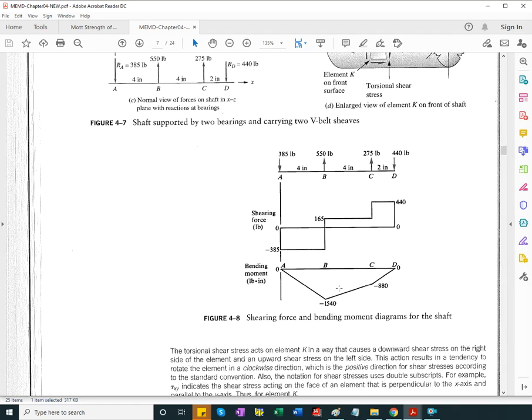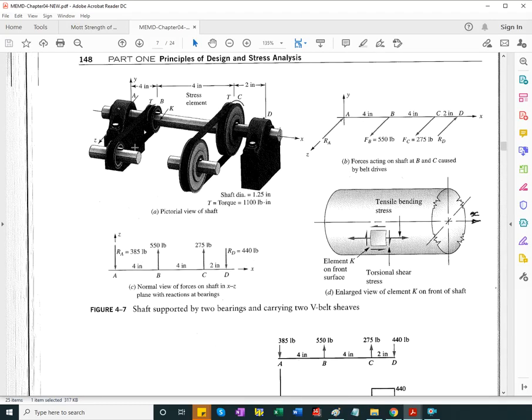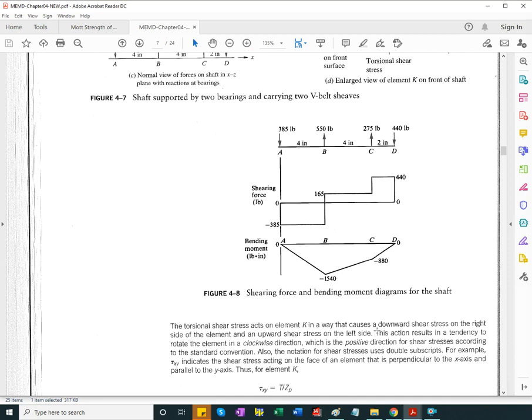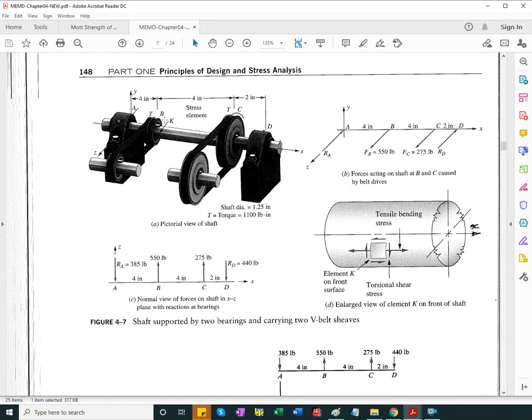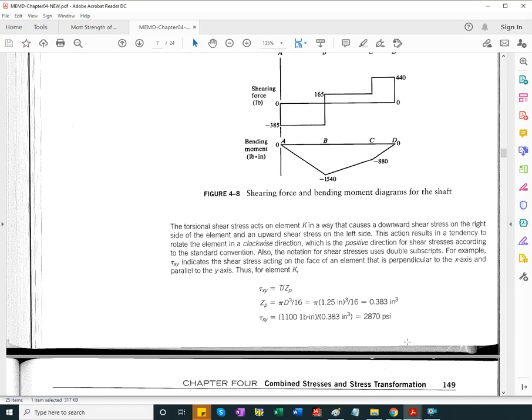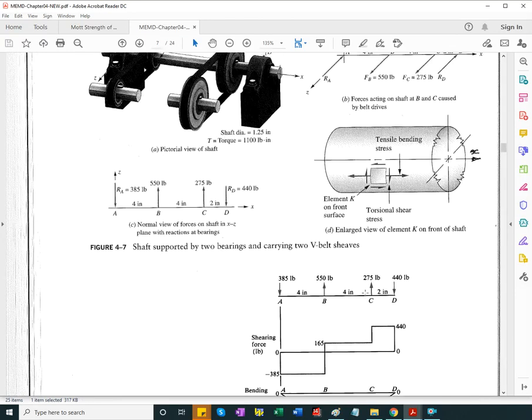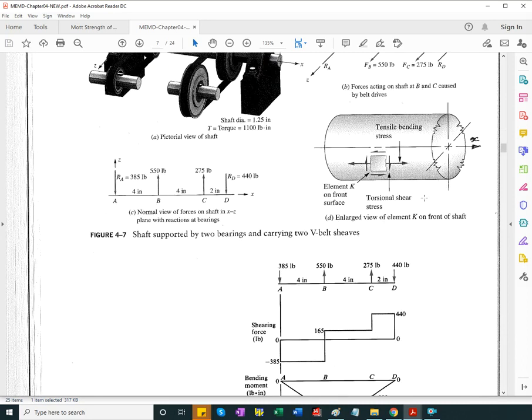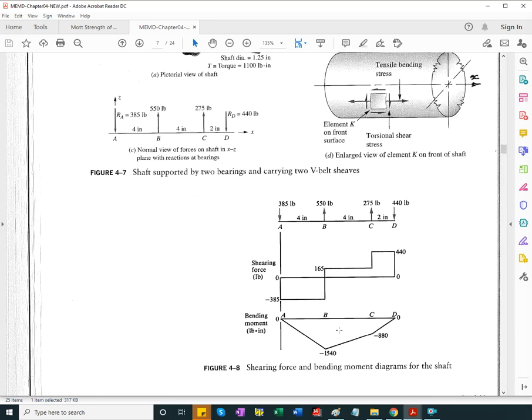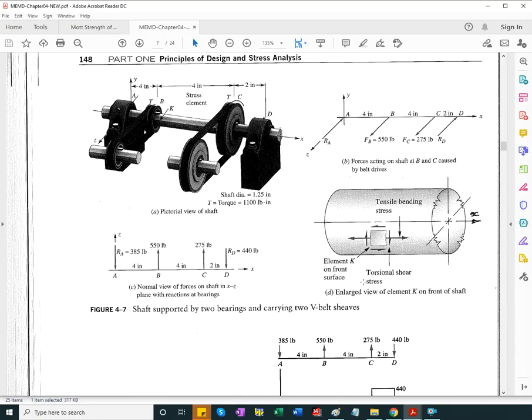But conservatively, we assume the maximum bending moment at B is associated with the maximum shear stress caused by torque, to be on the safe side, and even account for stress concentration caused by the keys or splines, which should be present to transmit torque from the pulley to the shaft. But again, we have the tools. We know how to calculate the shear stresses when we know the torque. We know how to calculate the maximum bending stresses when we know the bending moment.